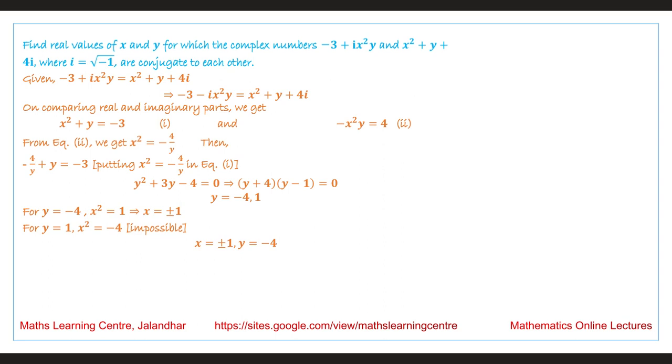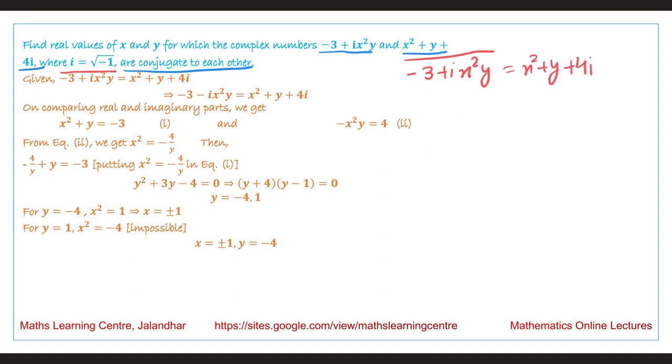Next is: find real values of x and y for which the complex numbers, these two complex numbers given, are conjugate to each other. So if we consider that the first number is the conjugate of the other, we are talking about the conjugate of 3 plus iota x square y, that is equal to x square plus y plus 4 iota.